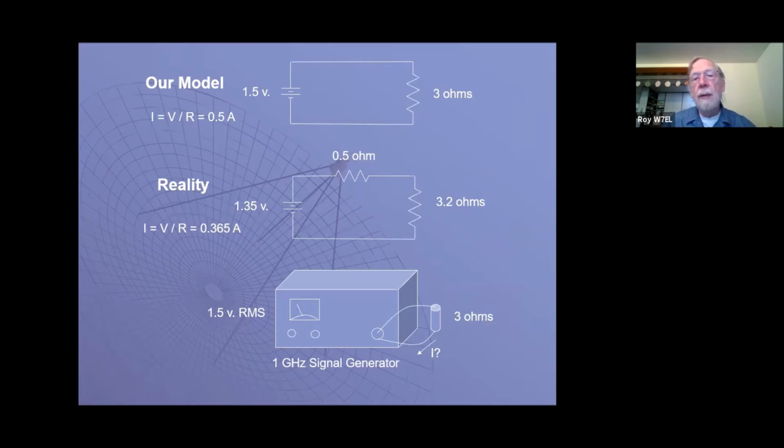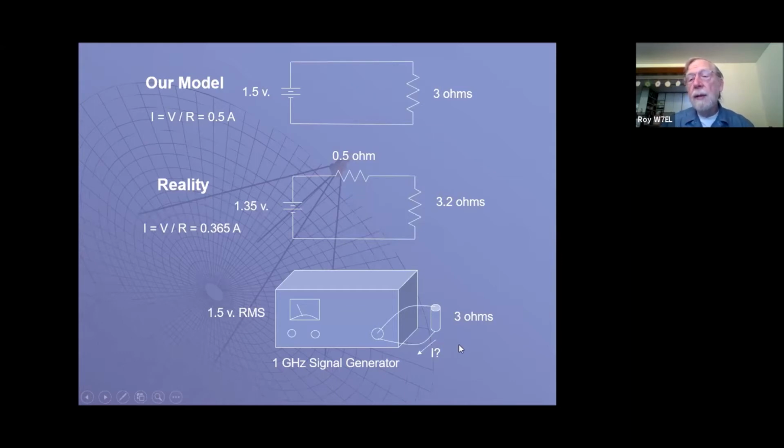But again, here we've got the real system, and here we've got the model, and the two being different, the results are different. Now you can imagine what might happen if we took a gigahertz signal generator with a 1.5 volt RMS and hooked it through some kind of long wires to a resistor of 3 ohms.